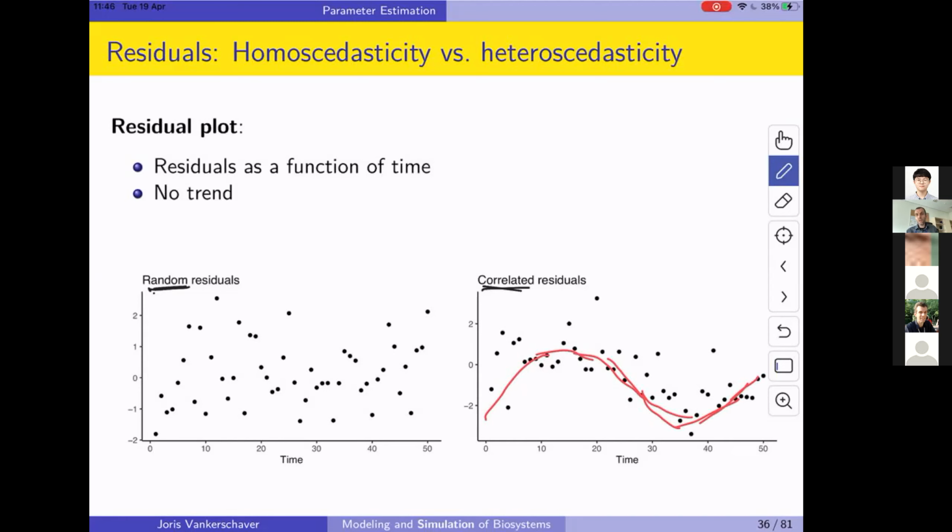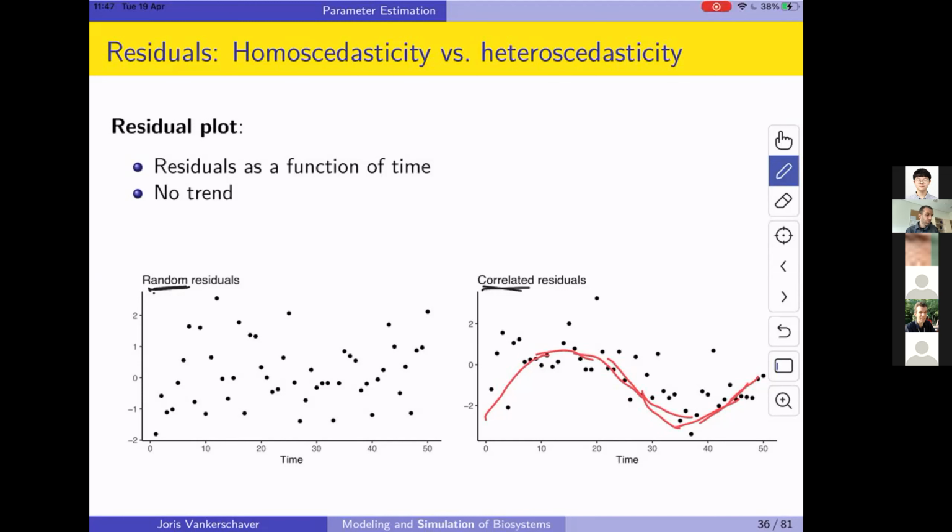And when we look at the fit of our model, we want to see that the residuals are randomly distributed, because we know there's going to be some noise, so we will see some residuals. The residuals will not be zero, but if there's a pattern, then again, we know there's something that we didn't capture in our model. So how can we measure this correlation between the residuals?